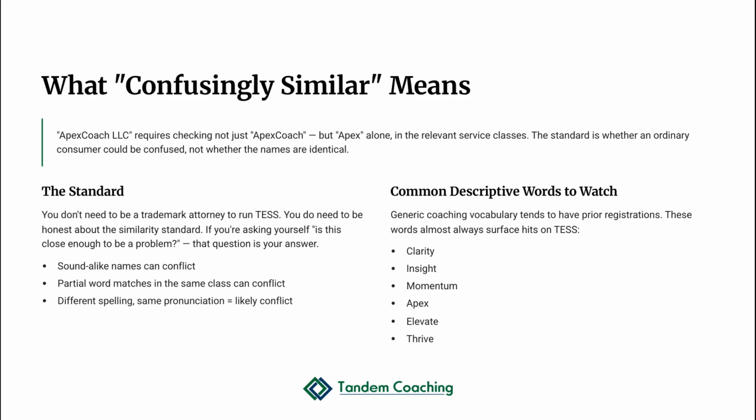You don't need to be a trademark attorney to run the TESS search. You do need to be honest with yourself about the similarity standard rather than reading borderline conflicts as clears because you've already committed to the name internally. The instinct to rationalize is the failure mode here.